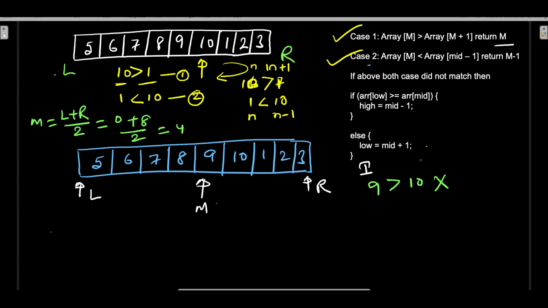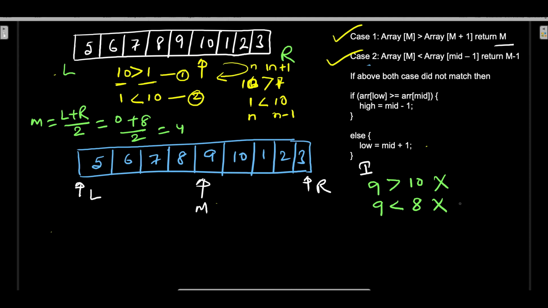Now the second condition, if the middle one, which is nothing but 9, is 9 lesser than m minus 1, 8? This is also not, right?